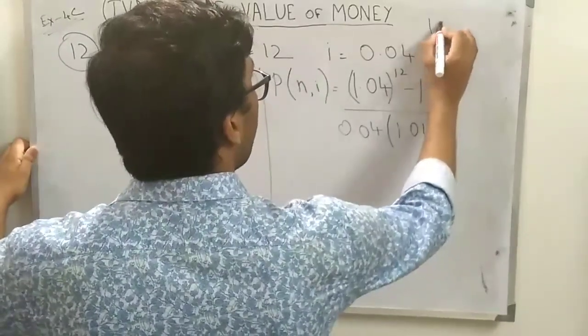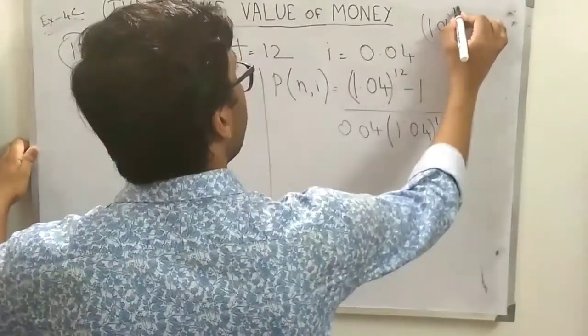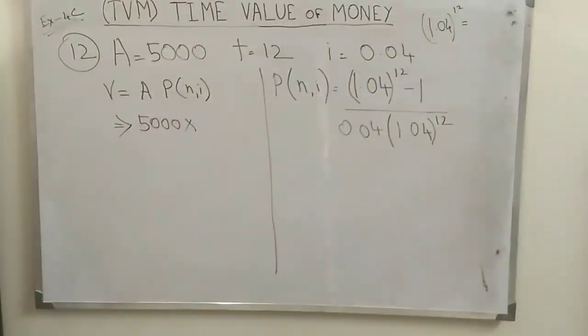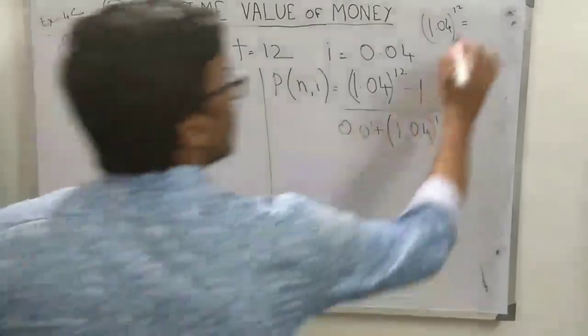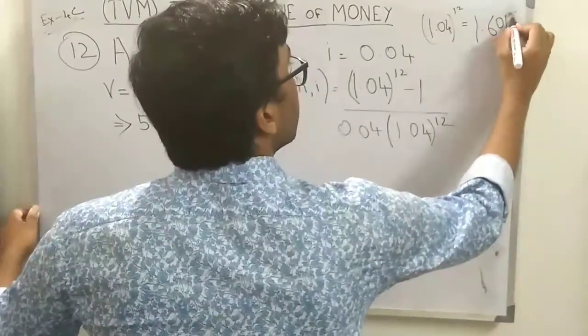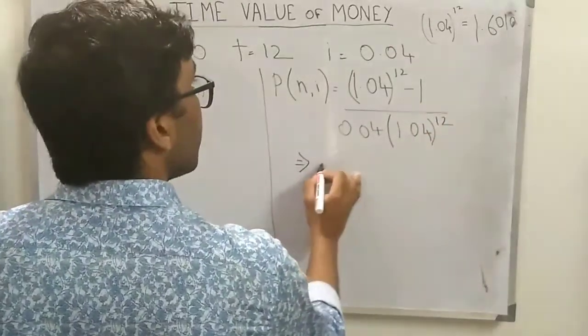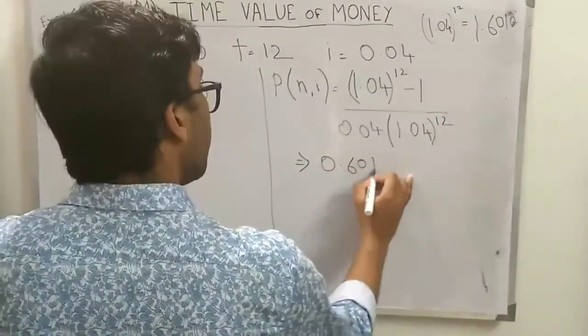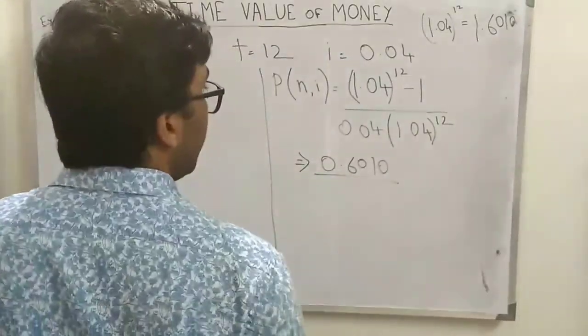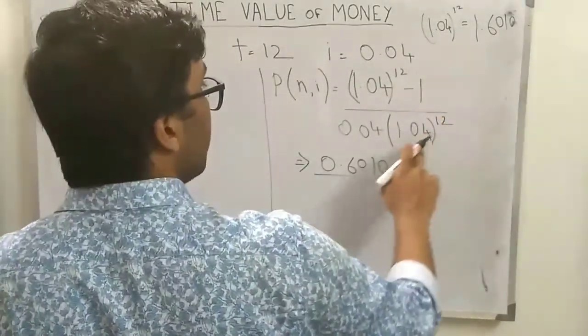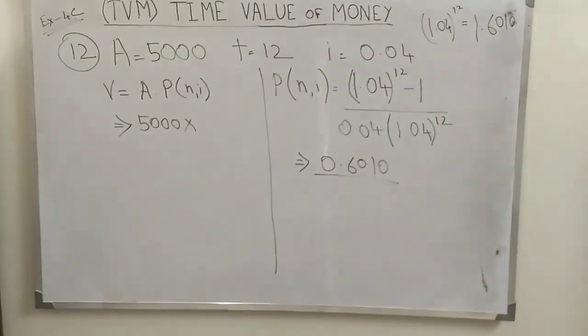Now the value of 1.04 to the power 12 is 1.6010. 1.6010 minus 1, that means 0.6010 divided by 1.6010 into 0.04, 0.064.